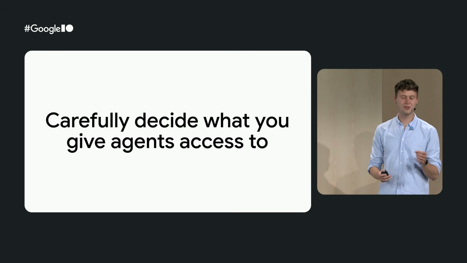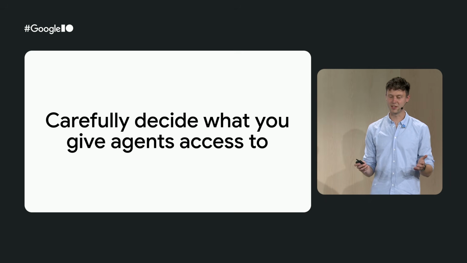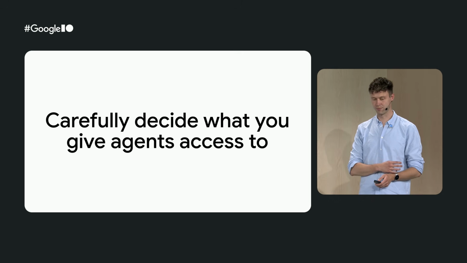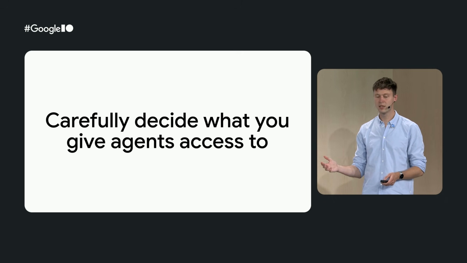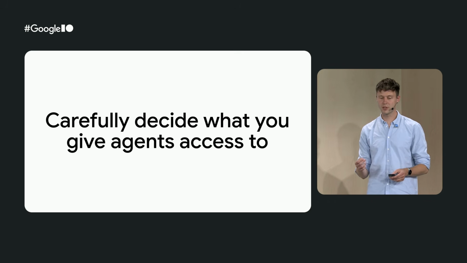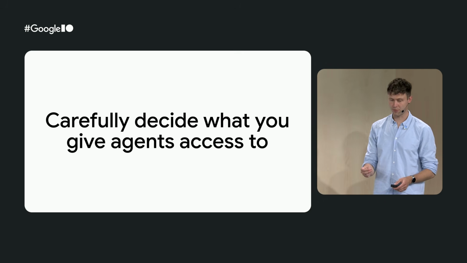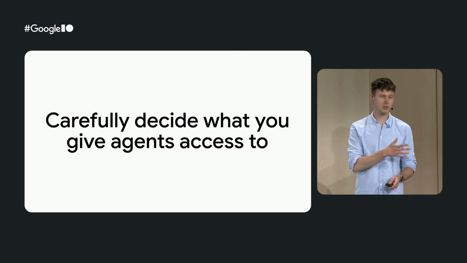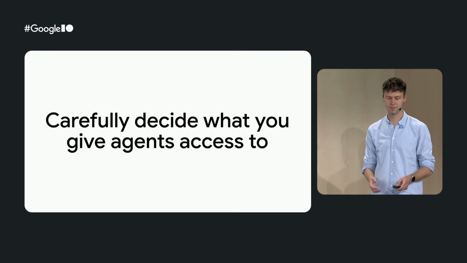However, this is the right time to repeat the earlier advice. Carefully decide what you give agents access to. Because with AutoConnect, depending on what Chrome instance you're connecting to, DevTools for agents might use your personal Chrome profile rather than the anonymous default one, which puts your personal data at risk.